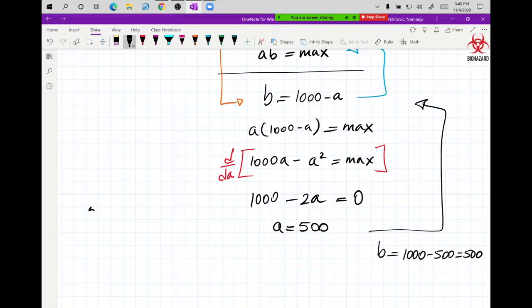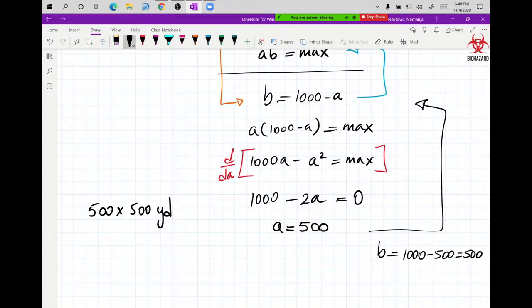So dimensions are 500 by 500 yards. Those are our dimensions. And you're going to say, it's a square again. And I say, yeah, because it's actually a mathematical rule that the special rectangle called a square is always the maximum area.